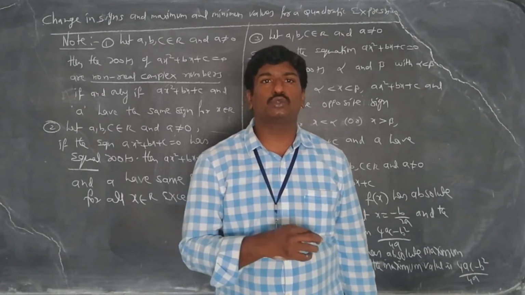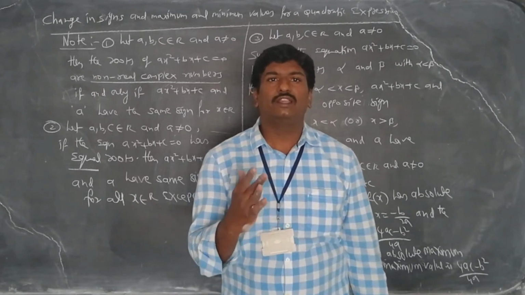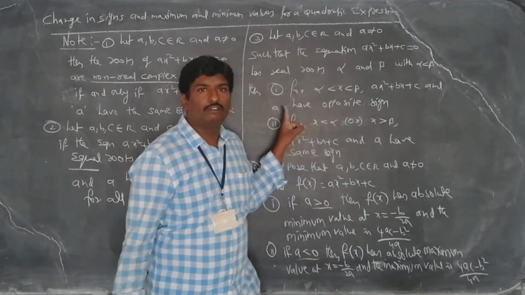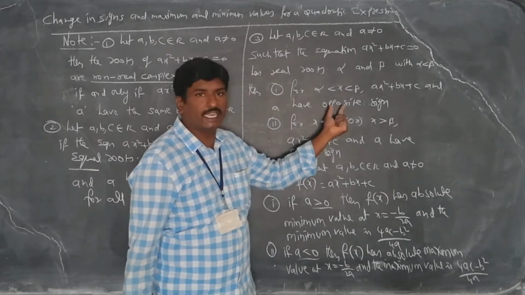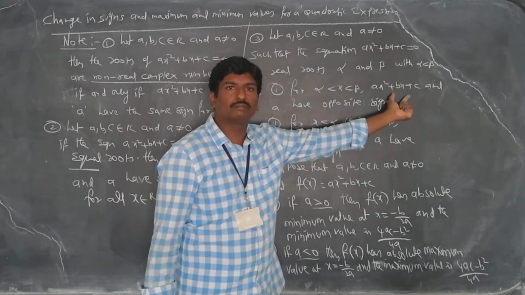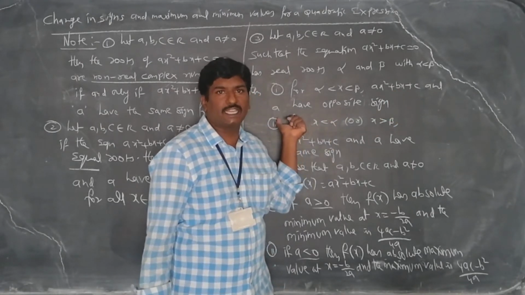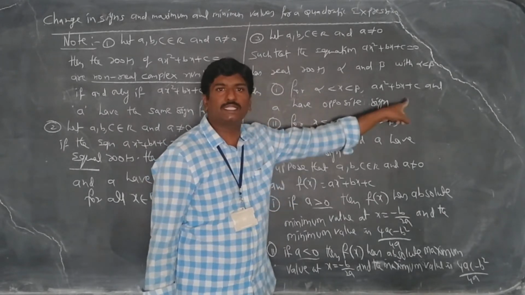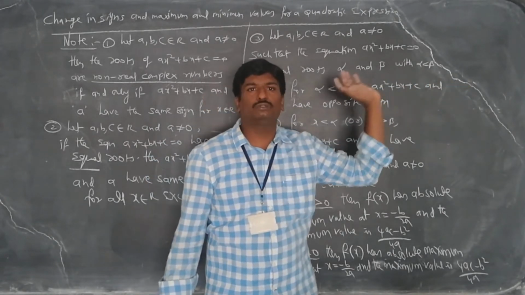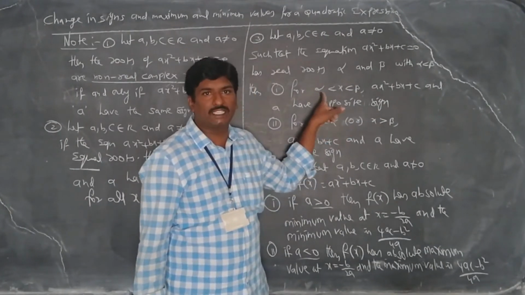Less than 0, a negative value. So when a becomes negative, at this condition, is the expression positive or negative? Positive, because here a is negative. Opposite means this expression becomes positive. Clear? These two have opposite sign in this condition.